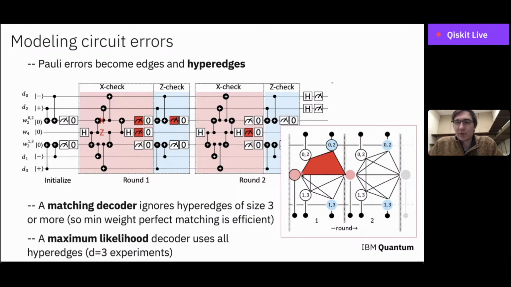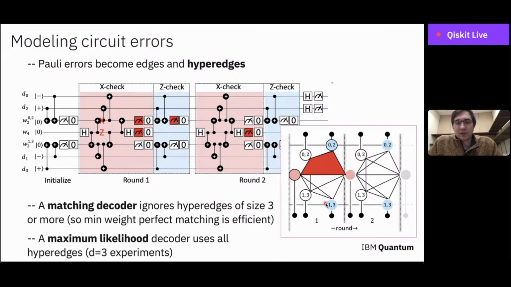So then we draw a hyperedge in the decoding hypergraph. Well, this is why it's a hypergraph instead of a graph. So these hyperedges are interesting because they're actually real. But then there are 2 different decoding strategies. The first of which, the matching decoder, actually ignores the hyperedges.